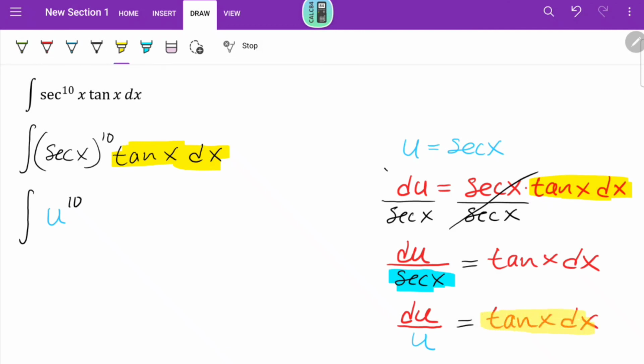And everything is in terms of u on the left side. So we can write our tangent of x dx as du divided by u.